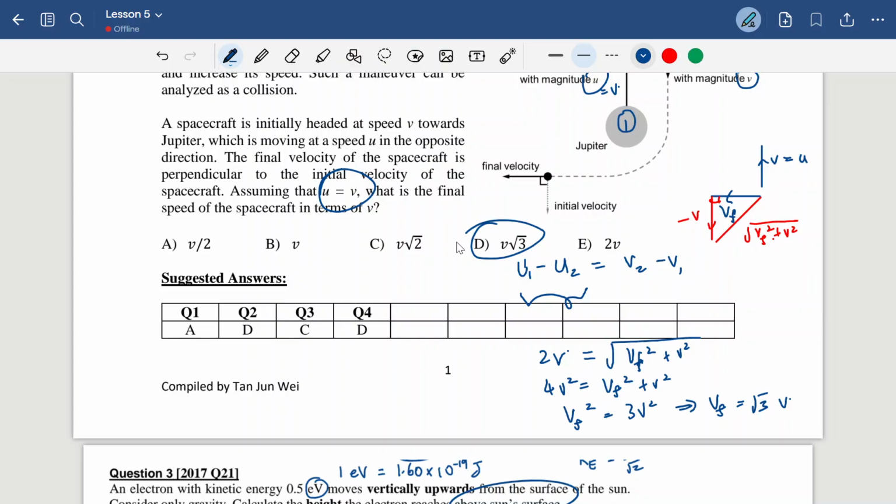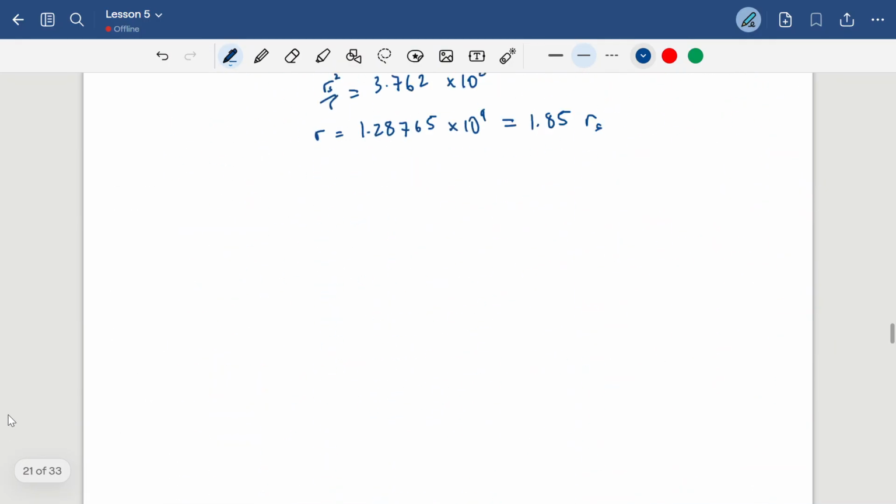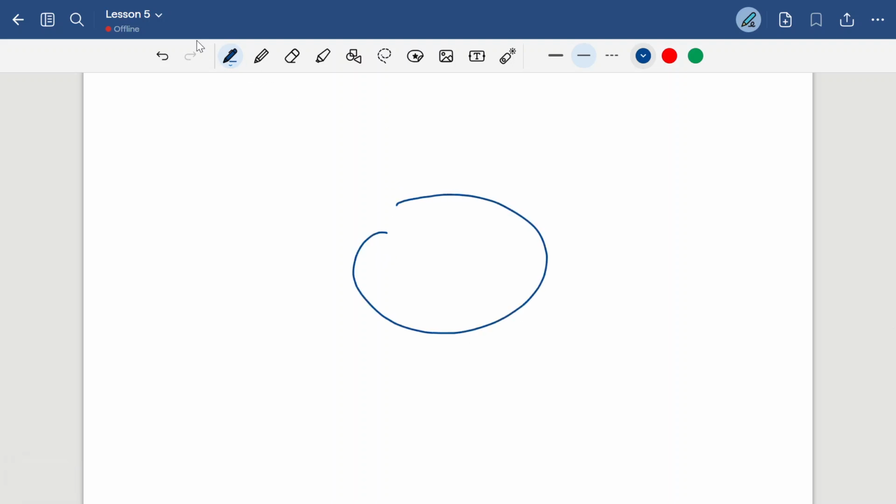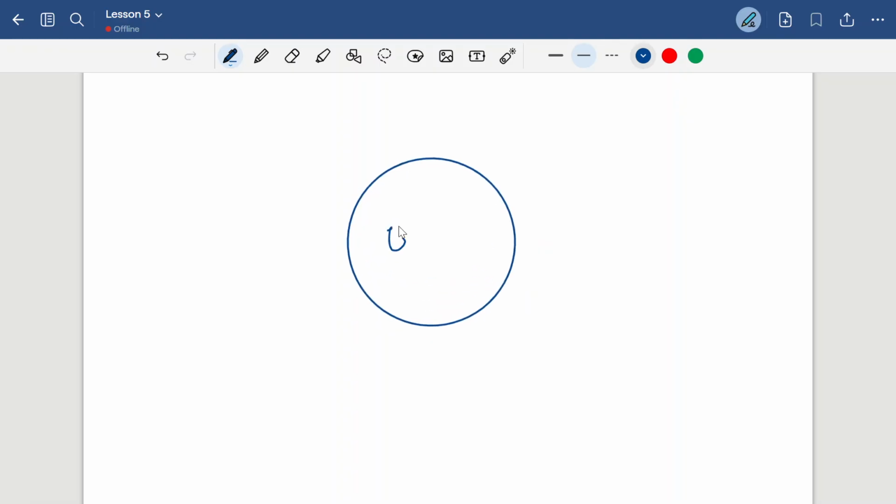The last one on gravitation: just now I mentioned I want to talk about the International Space Station. So why are the astronauts floating in the space station? If you can recall from your circular motion, let's say again, this is Earth. The ISS is orbiting around Earth in a circular motion.